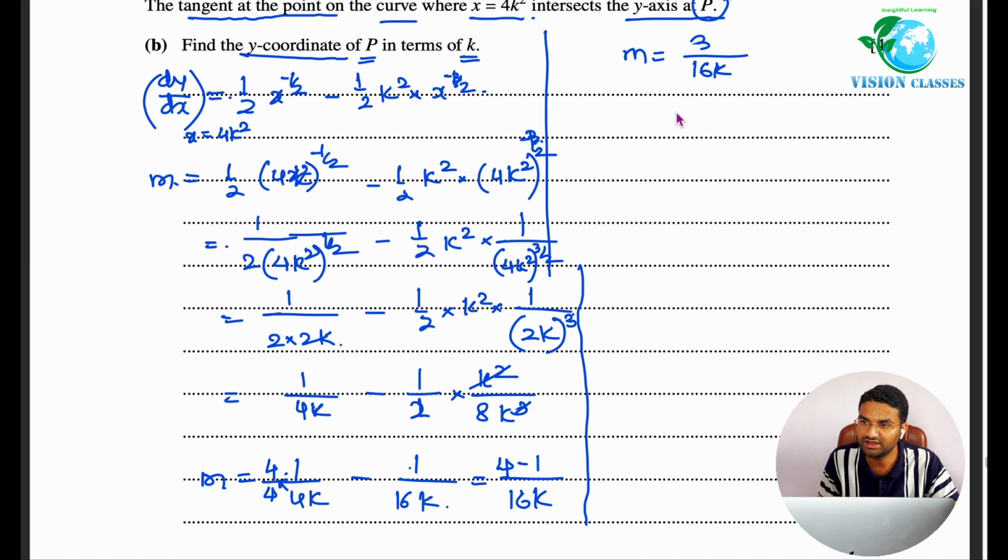Now you have to find the y coordinate from the given equation.